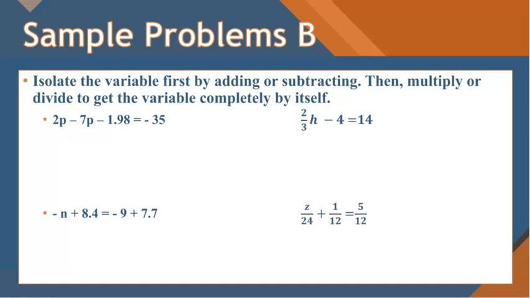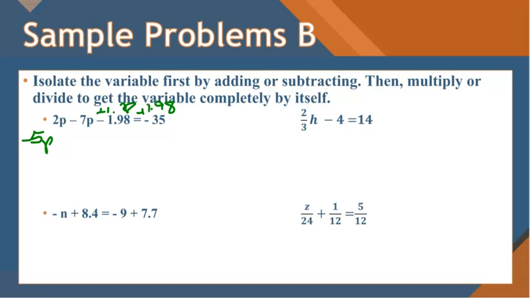Next, follow the same steps. So here I need to combine like terms first. So 2p minus 7p is negative 5p. And then I'm going to add 1.98 to both sides. And I had negative 35 over there.